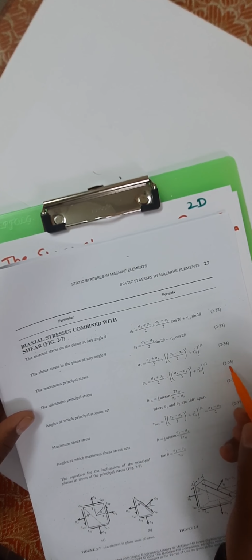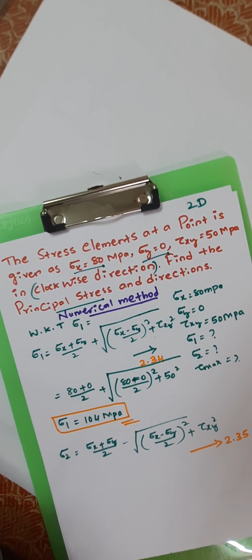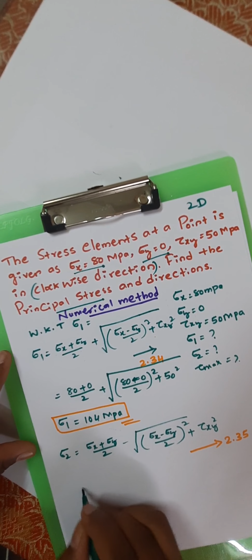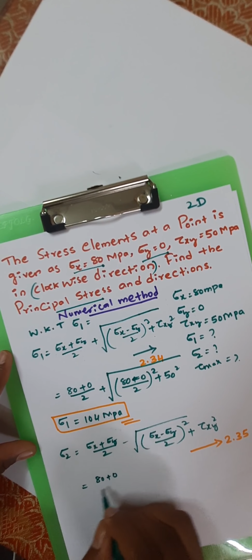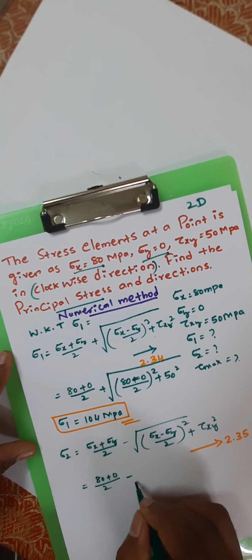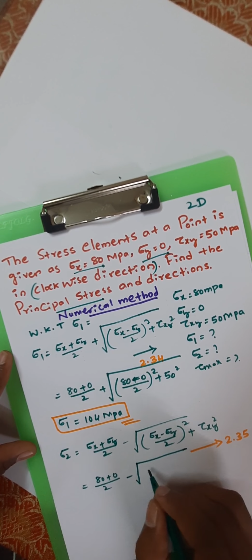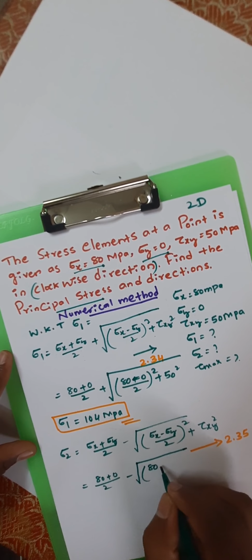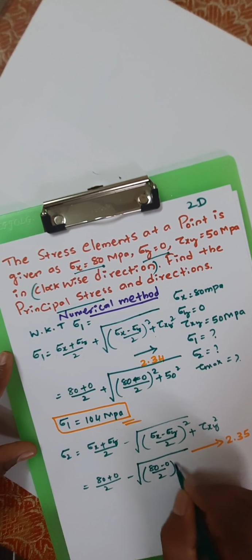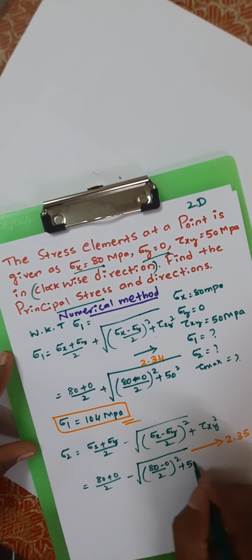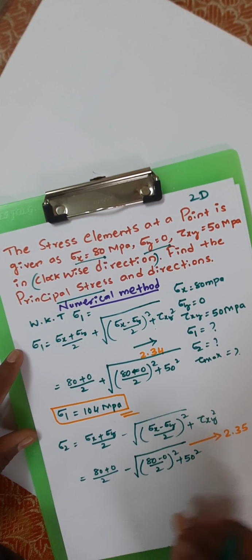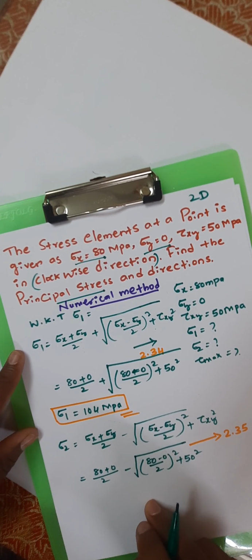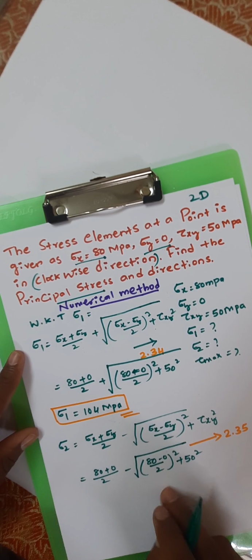Here we have equation number 2.35. If you substitute all the values into this equation, we'll get 80 plus 0 divided by 2 minus square root of 80 minus 0 by 2 whole square plus 50 square.